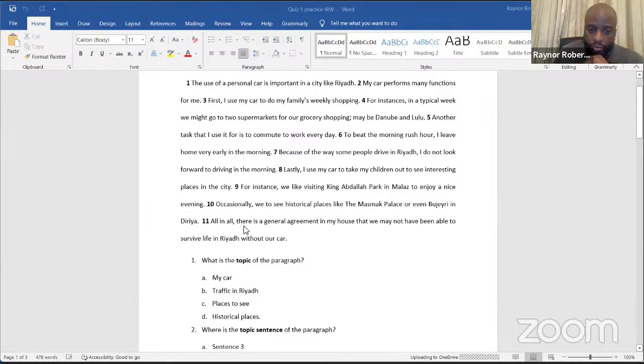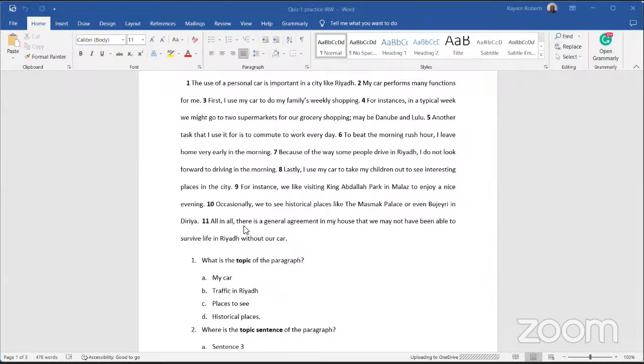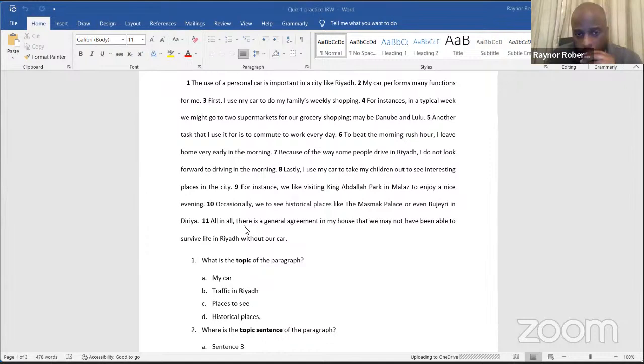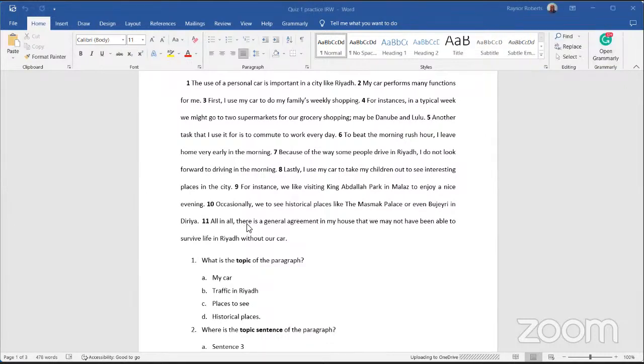What's the subject of the sentence in 11? General agreement. Thank you. It's general agreement. Very good. Remember, when there's "there," the subject comes after the verb.